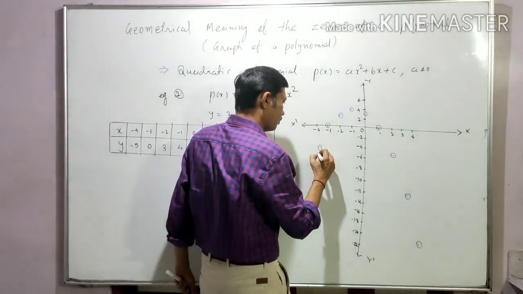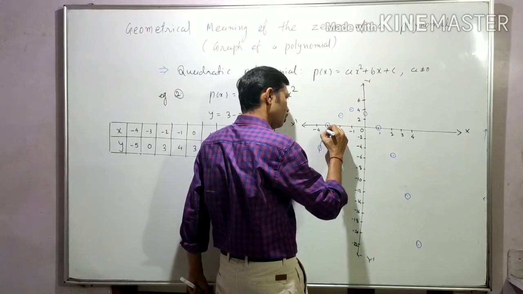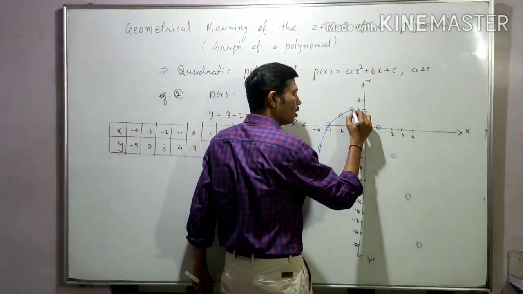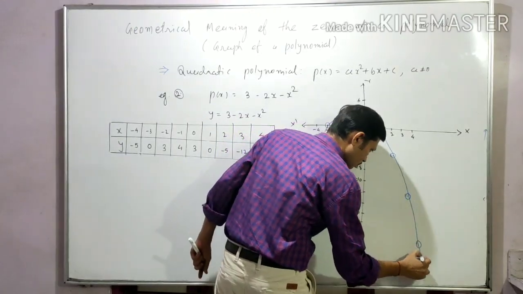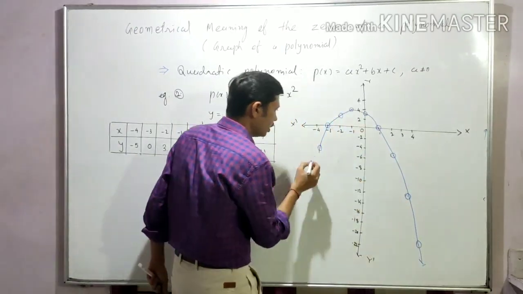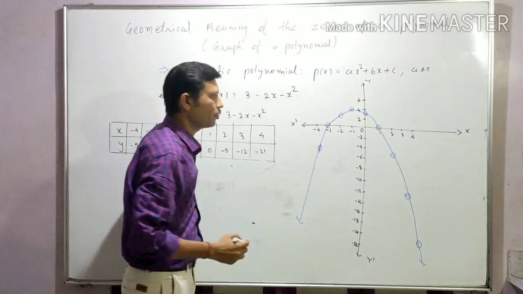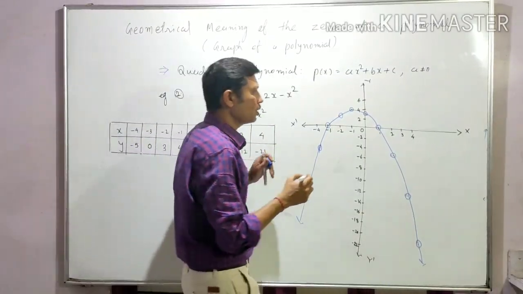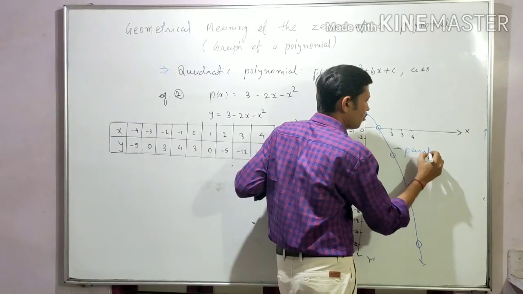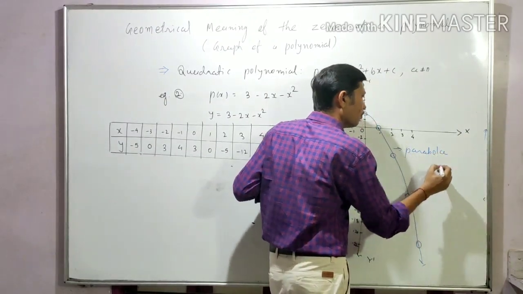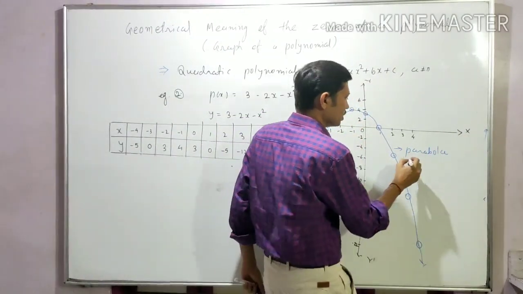Now we can see the graph when I plot it like this. Now this is extended again if we take more points. This one is called a parabola downwards.